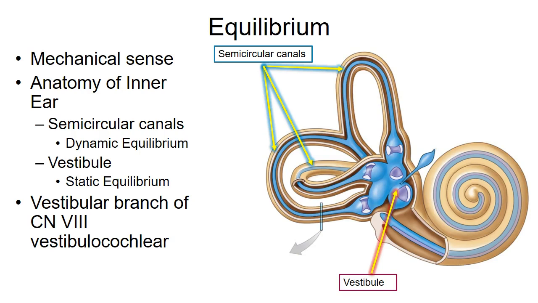Angular momentum there, okay? And so here are vestibules in this area, and then you can see our semicircular canals here. And at the base of each semicircular canal, there's a kind of a sensory structure. Now remember, the inner ear is filled with fluid. So here, vestibule and the semicircular canals are all filled with fluid.